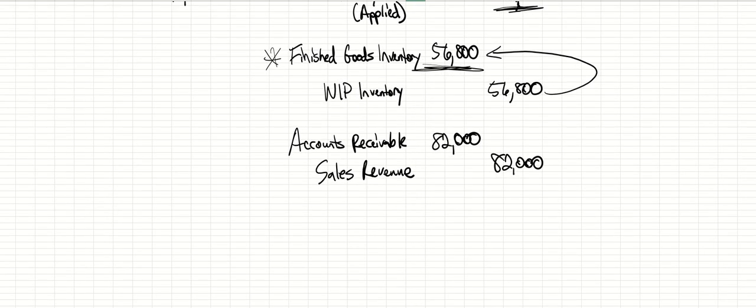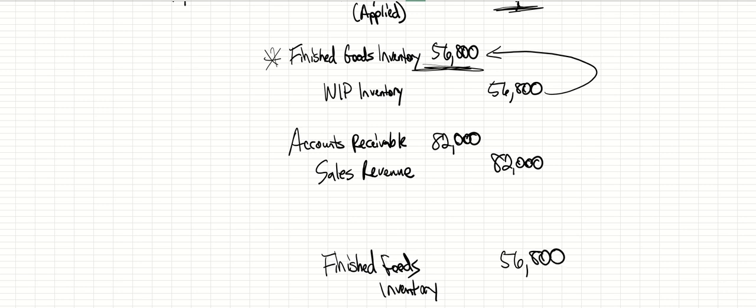So we're going to credit finished goods inventory for $56,800, and we're just going to move that balance into the cost of goods sold account for that same amount.